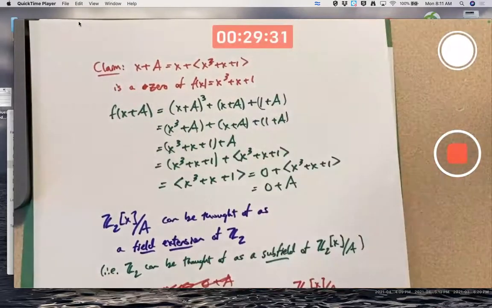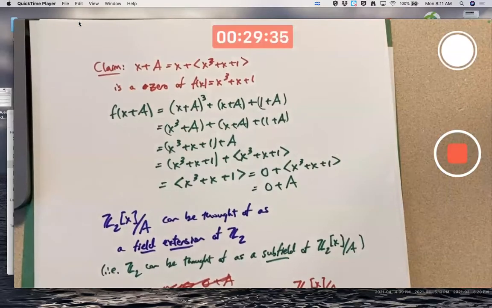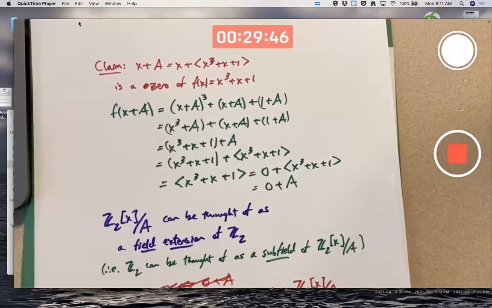That's going to be a real common theme for us here, these last 2 weeks of class. Thinking about polynomials that don't have any zeros in some field and creating what's called a field extension in which the polynomial does have a zero.